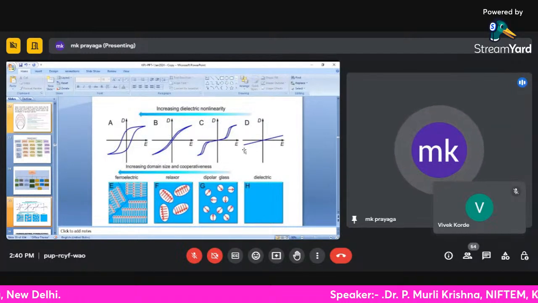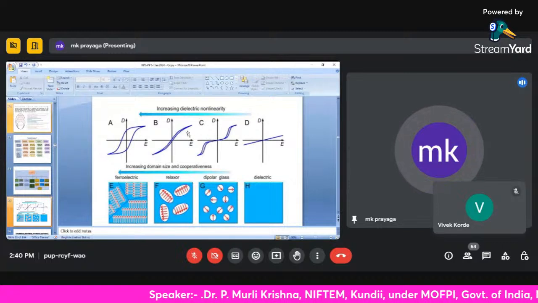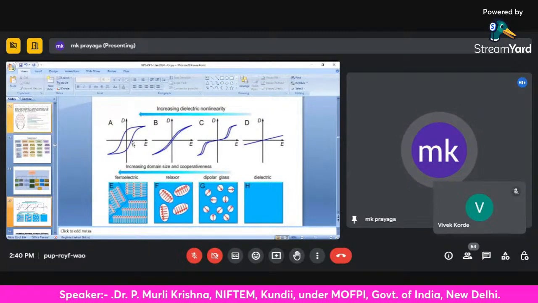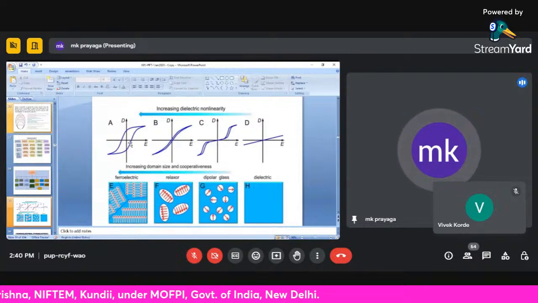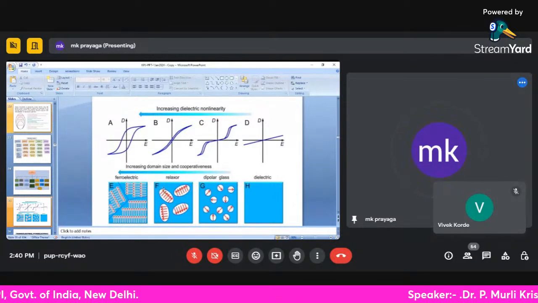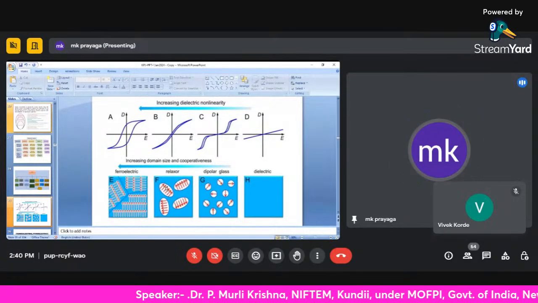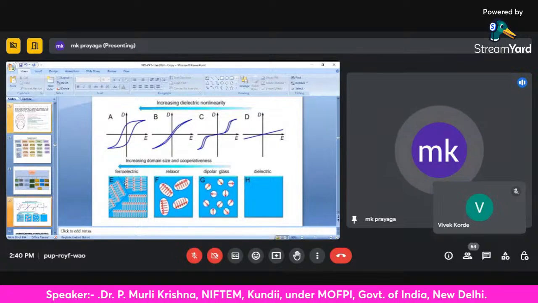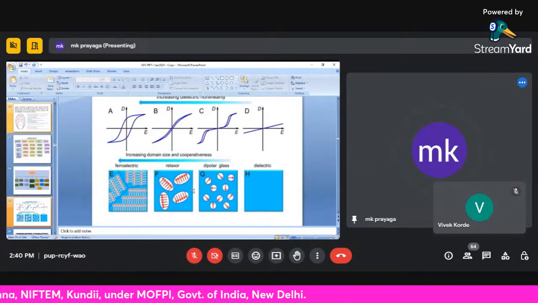If it is dielectric in nature, you will find a linear response. But ferroelectric materials show non-linearity, so your non-linearity will increase, and of course the domain size also increases. But at a particular domain size, ferroelectric materials also show relaxor properties. Okay? So relaxor ferroelectrics and ferroelectrics are two different concepts.